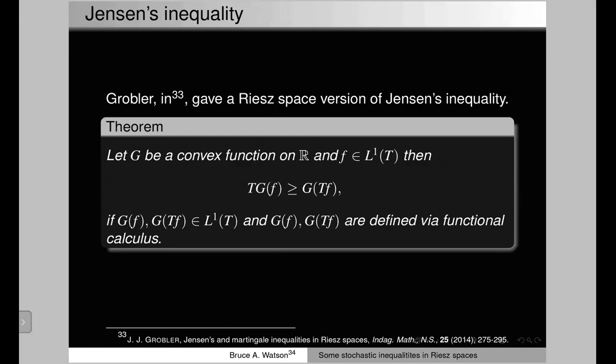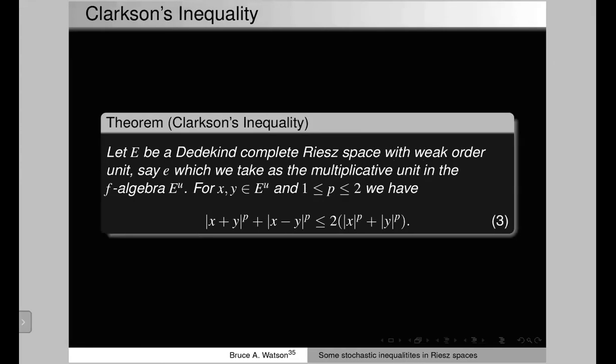G is a convex function on the reals, which we define by a functional calculus, g of f and g of T of f, and those must both be in L1T. Now, using the inequalities we have so far, we can build Clarkson's inequality for the case of p between 1 and 2.